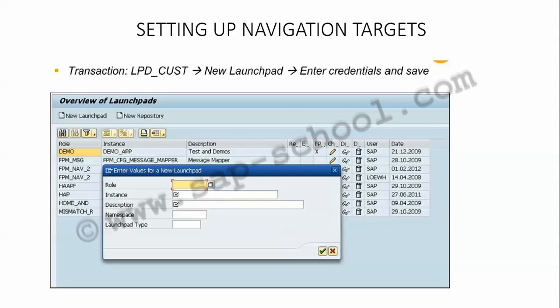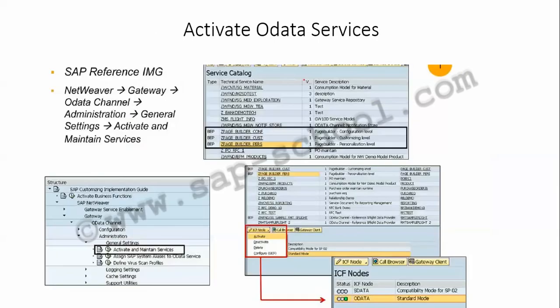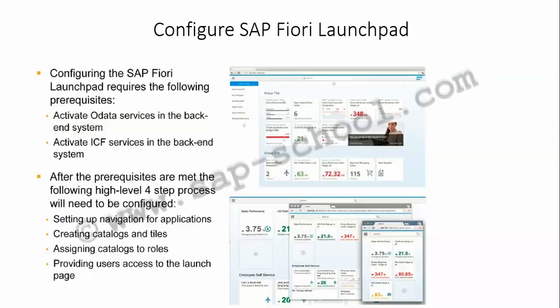So now let's go here, that is the activate ICF services. So we have seen this before and we have already activated the central UI add-on ICF services. Now we will need to go in and activate the services relevant for the specific SAP Fiori app and the services we want to use. So we can find the app specific information in the implementation guide.